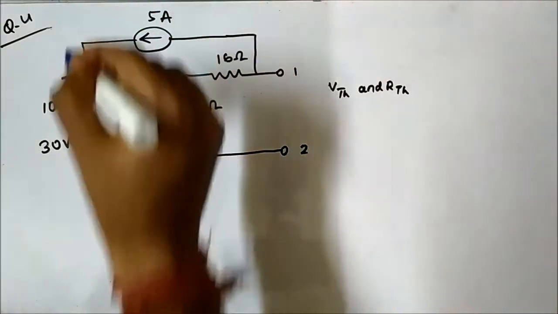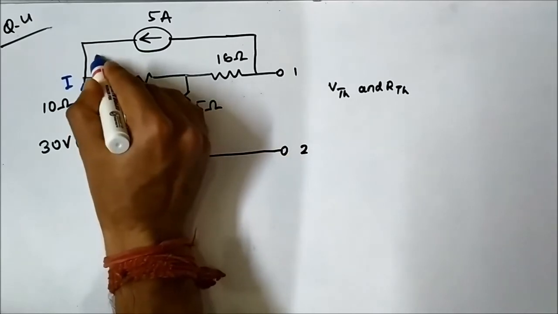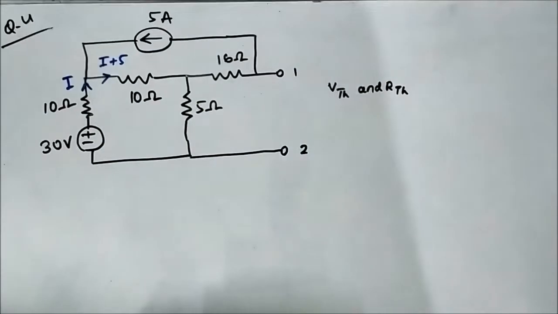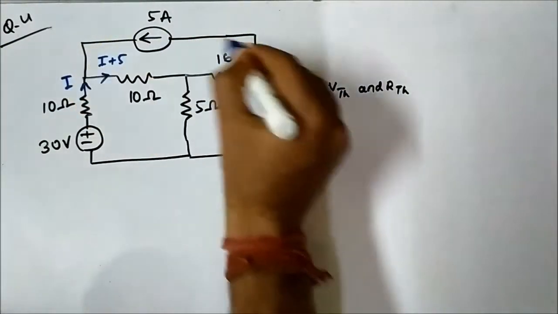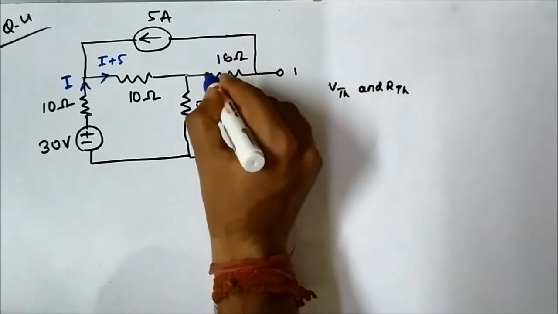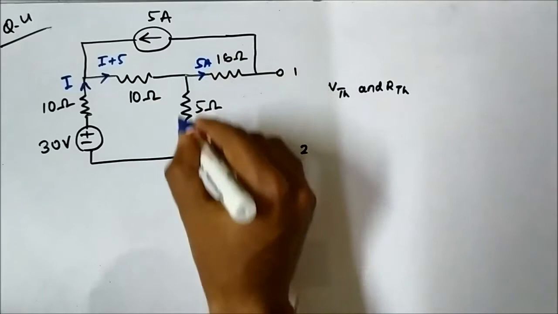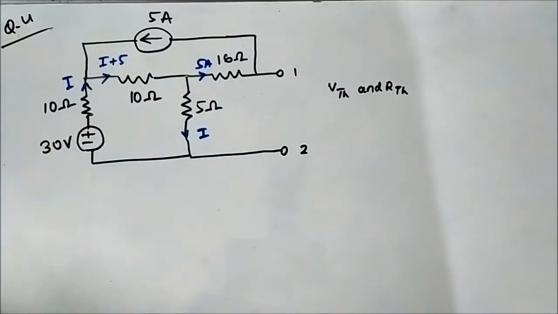Here 5 ampere is coming, so they get added up to form I plus 5 flowing through 10 ohm. Here 5 ampere is coming, and here 5 ampere is going, so here it will be only I. All the branch currents have been assigned.